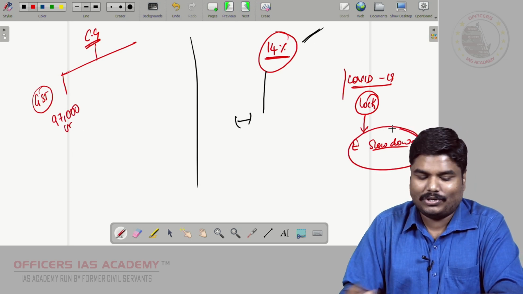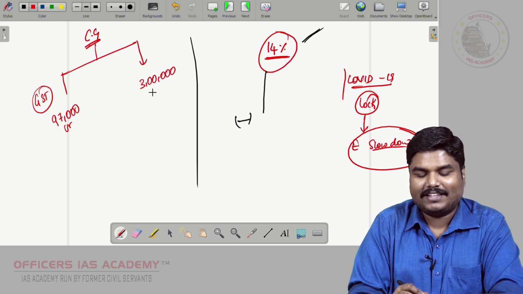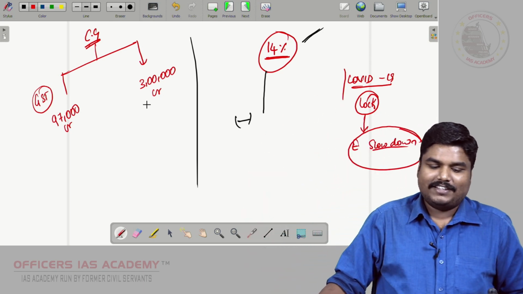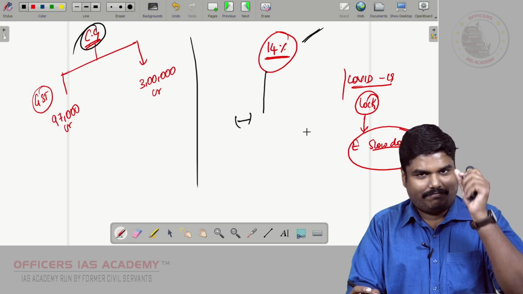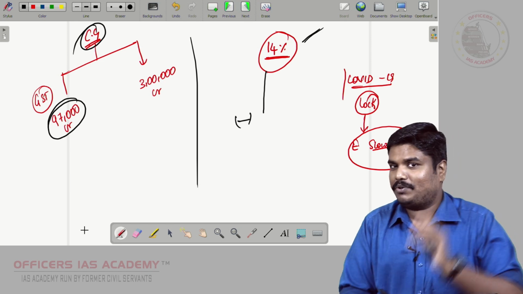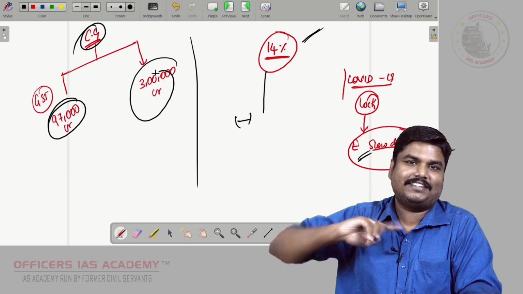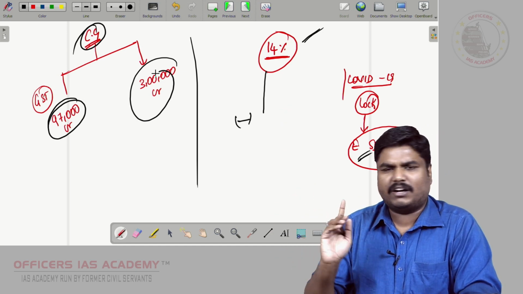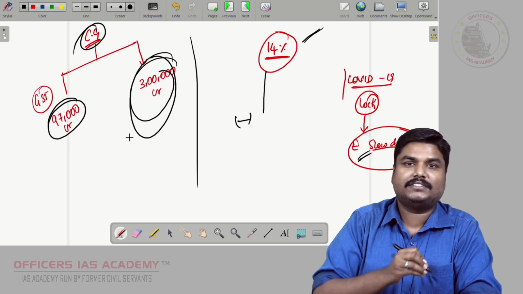But because of the slowdown, the loss became 3 lakh crores for all the states put together. So, central government was saying this is not at all fair. Purely because of GST, the loss may be roughly 97,000 crores. But because of this economic slowdown, the loss got increased. You cannot ask us to compensate such a big amount.